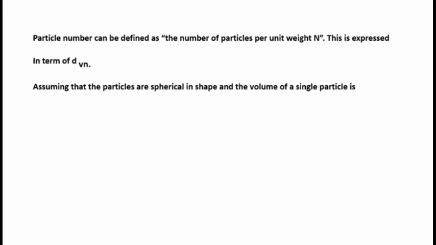Third, angle of repose. Angle of repose is the maximum angle between the surface of a pile of powder and the horizontal plane. It is usually determined by the fixed funnel method and is a measure of the flowability of powder granules.